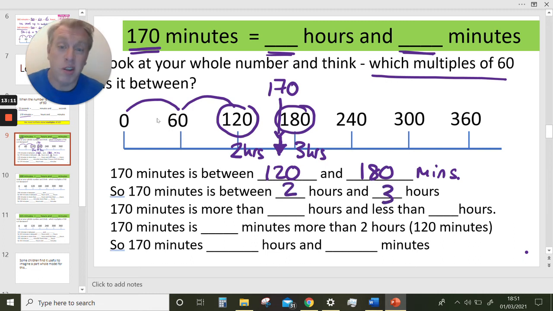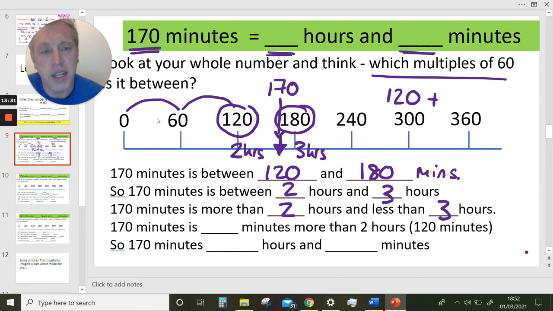So 170 is more than 120, so it's more than 2 hours. It's less than 3 hours. How many more than 2 hours is it? 2 hours is 120. So we're thinking 120 minutes add how many minutes makes 170 minutes?